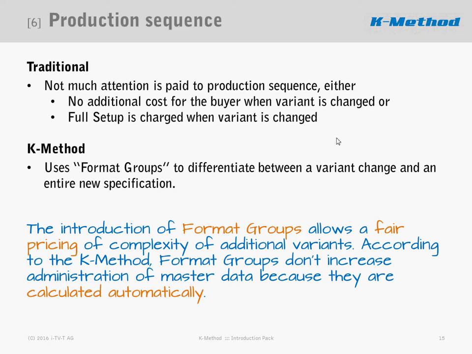Using the K method, this is automatically embedded into the price formula. So when you do the call-off, you explicitly make the format groups and make sure you minimize the number of setups.